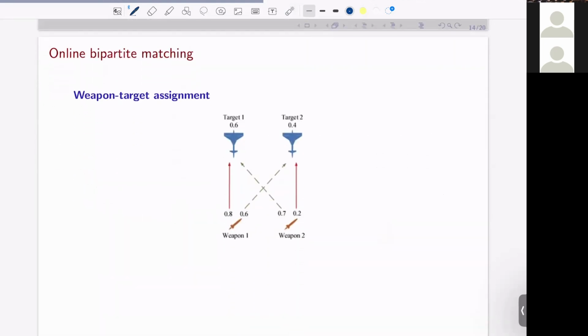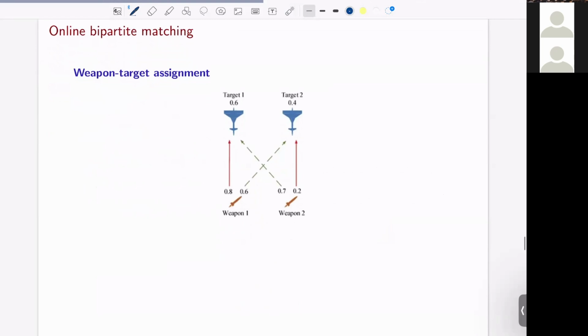Let's say I like this problem. This is called weapon target assignment. You can think of weapons as missiles, and targets as enemy aircraft. You can imagine the missile defense system of Israel.